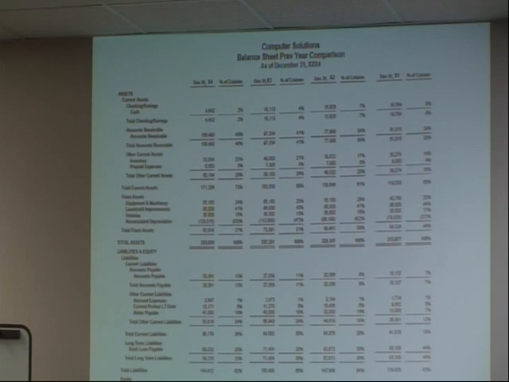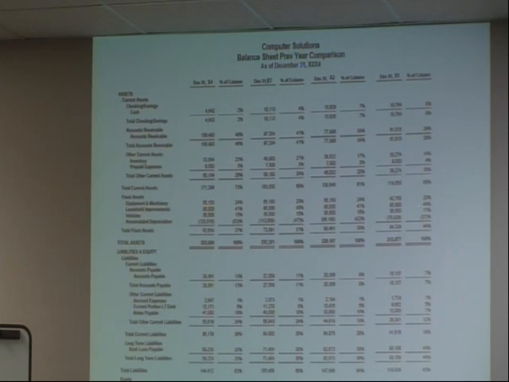So we can make some generalized statements here. Let's look at that bank loan again. It used to be 44% of their liabilities and equity. It's been reduced to 25%. They certainly have reduced their debt as a percentage of their liabilities and equity.